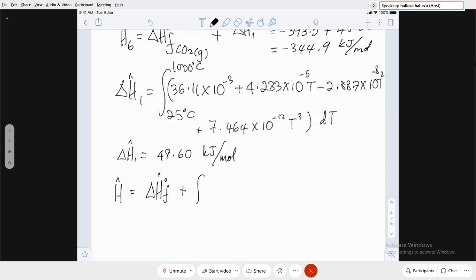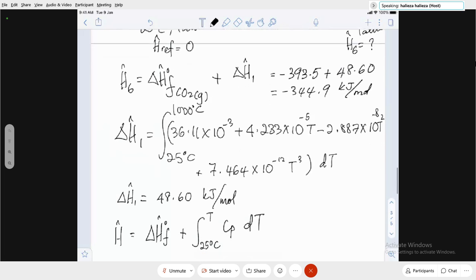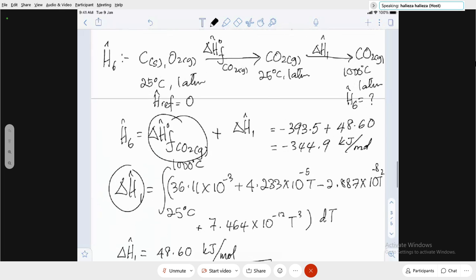From your reference state of 25 degrees C to whatever temperature you want, you use your Cp for that component and integrate it. That is more or less what we did just now. For your heat of formation, you can get it from your appendix. So that is more or less your equation whenever you do the heat of formation method in order to get your enthalpy. So let's look at the last enthalpy.